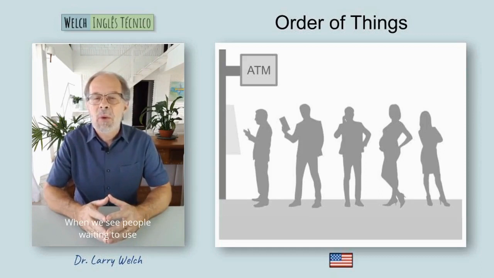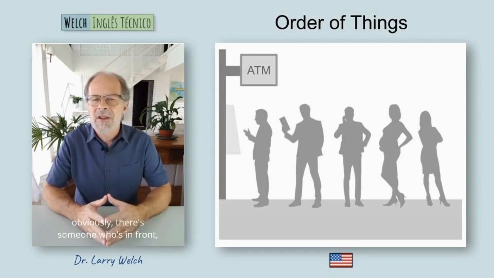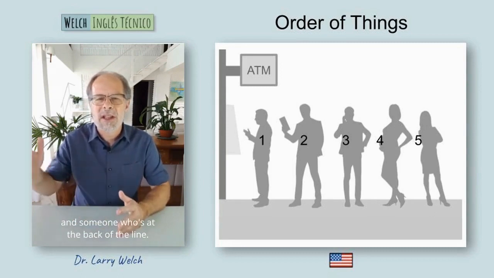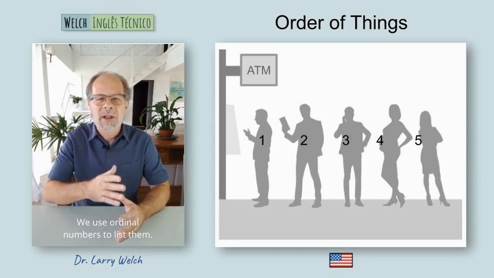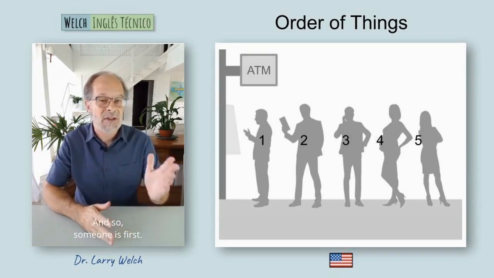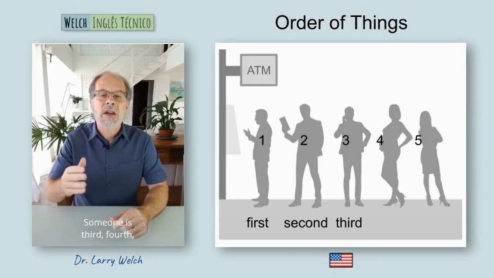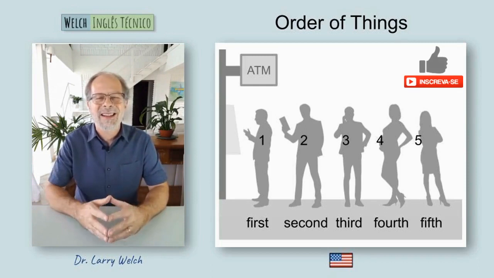When we see people waiting to use the automated teller machine or ATM, obviously there's someone who's in front and someone who's at the back of the line. We use ordinal numbers to list them. And so someone is first, someone is second, someone is third, fourth, fifth, and so on. That's one use of ordinal numbers.